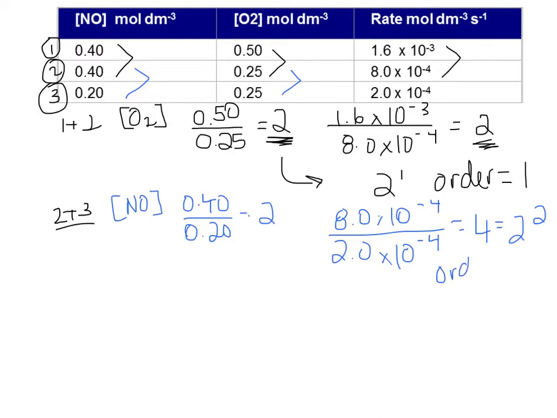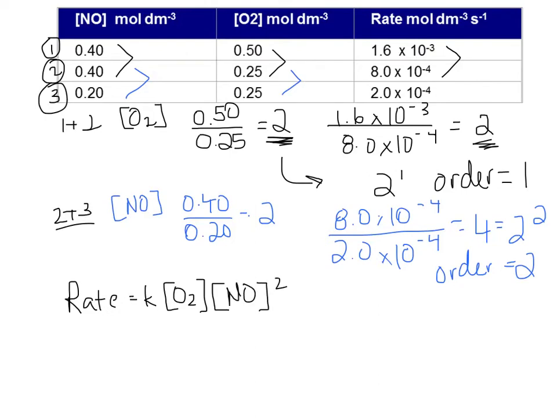The order of our reaction then, with respect to NO, is 2. That means that our rate equation we can write as rate equals K, concentration of O2 to the power of 1, but we don't need to put that in because it's only a power of 1, and then the concentration of NO squared.